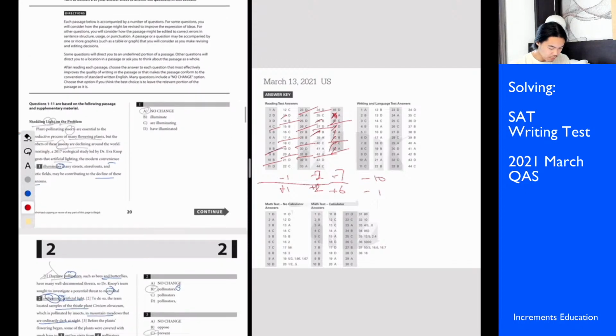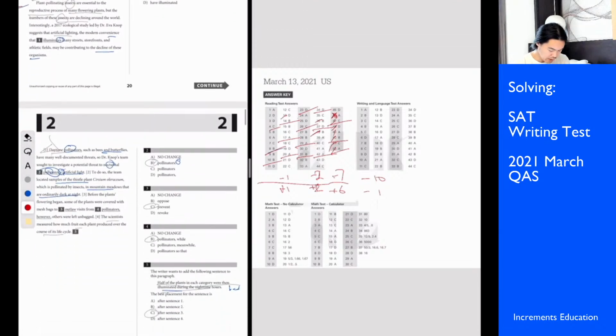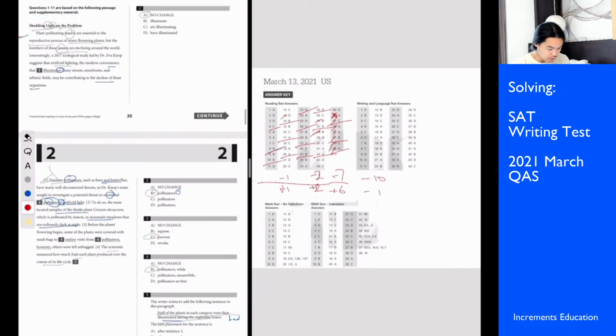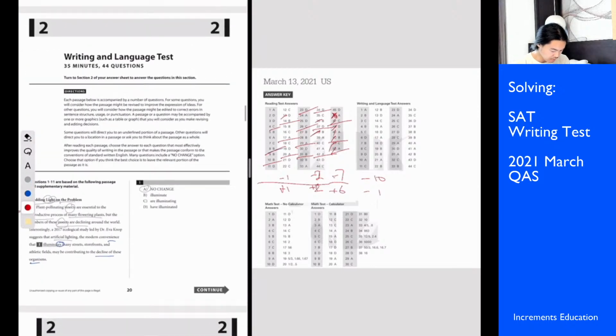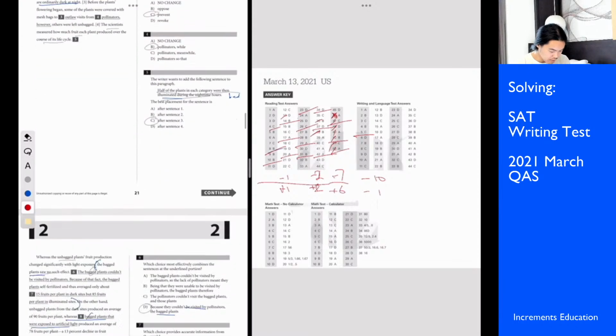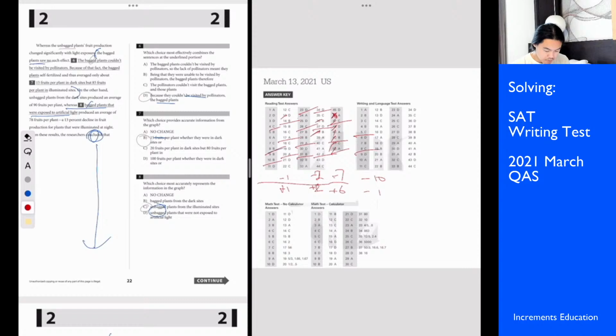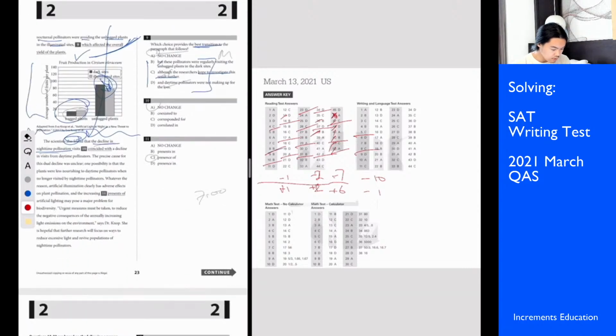Okay, so let's go with A, B, C, B, C. Okay, let me just double check. A, B, C, B, C. A, B, C, B, C. Okay, cool. D, B, C. Cool. And DAC.